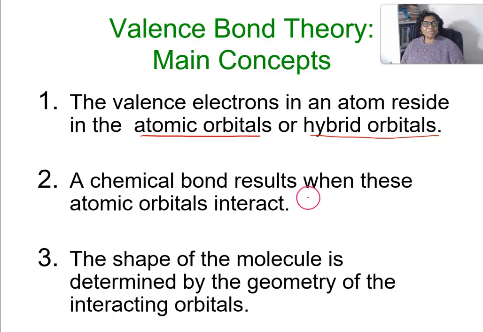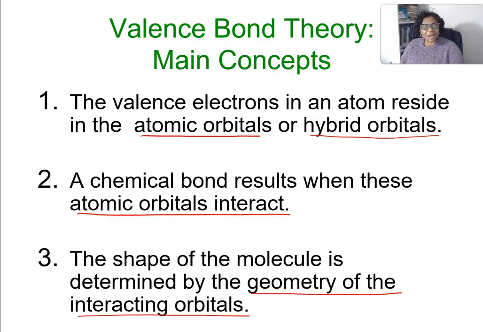A chemical bond results when atomic orbitals interact. 3. The shape of the molecule is determined by the geometry of the interacting orbitals. So these are some concepts of valence bond theory.